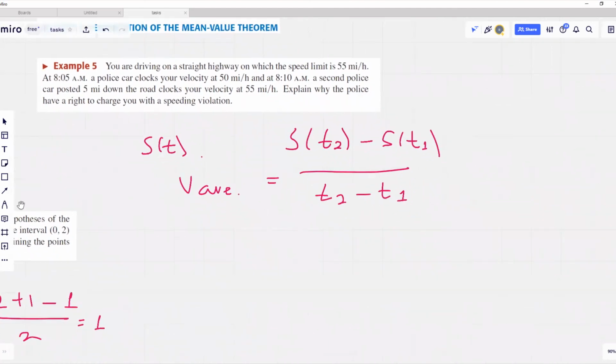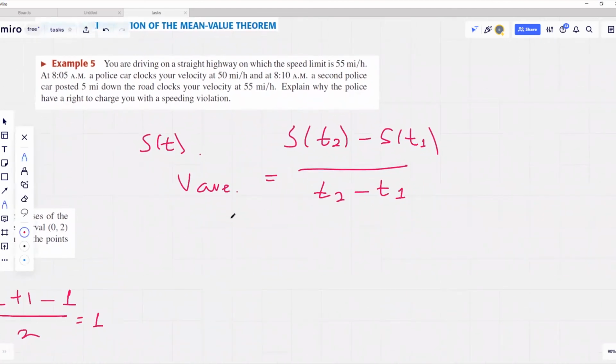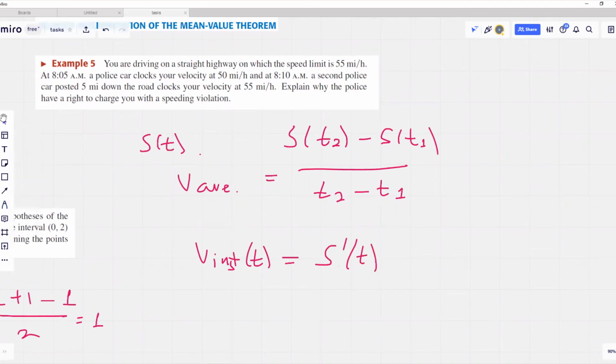Now, from basic physics, we know that instantaneous velocity, let's call it v inst, which is a function of time, is represented by the first derivative of the position function.